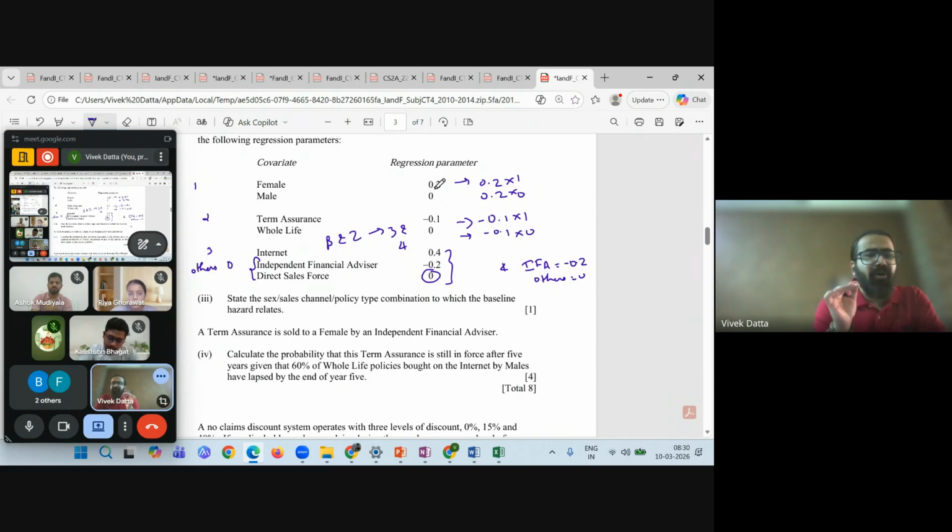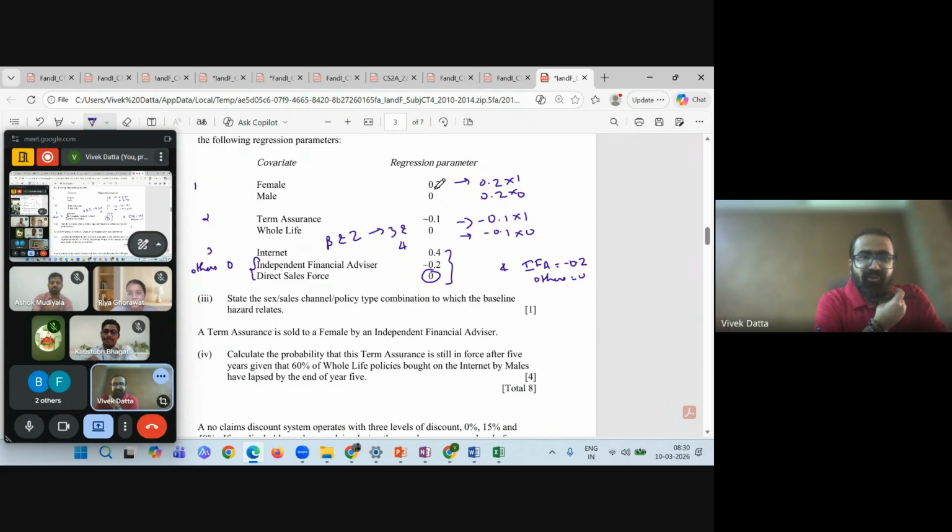And for internet, it is the highest. For direct sales channel, there is no impact. And for independent financial advisor, it is lower. Why? Because of informed advice. Maybe the advisor is giving that advice to them, so they're not lapsing.